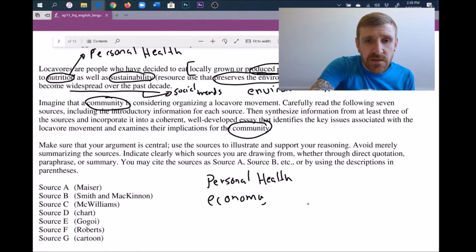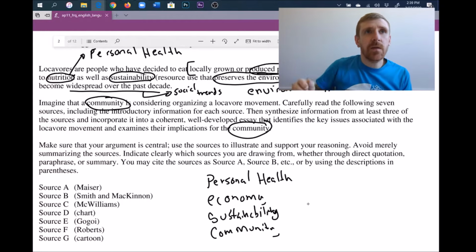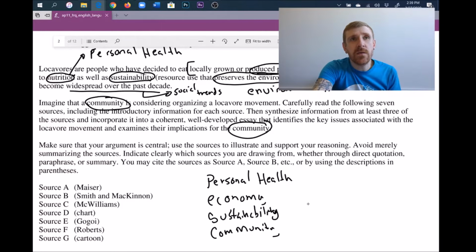We'll have sustainability, and we will have community. Community. All right, and this right here is supposed to say sustainability. Okay, so the kids will actually write those elements down right here.